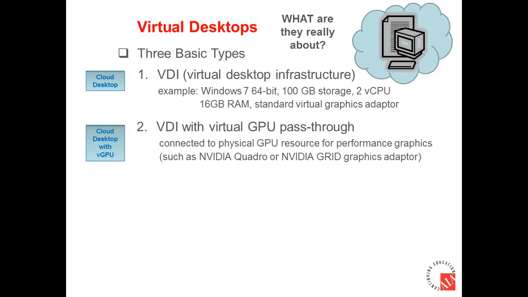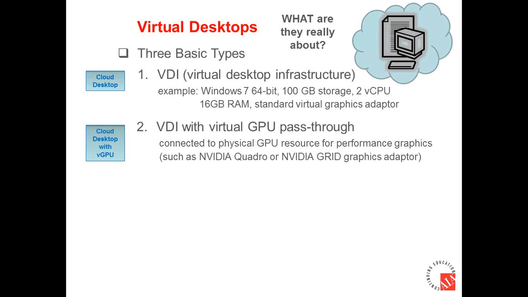This is called a VDI with a virtual GPU pass-through. You can shorten that and call it a cloud desktop with vGPU. The word vGPU is the acronym that's out there. And this is basically the VDI connected to a physical GPU resource for the higher-end graphics performance.